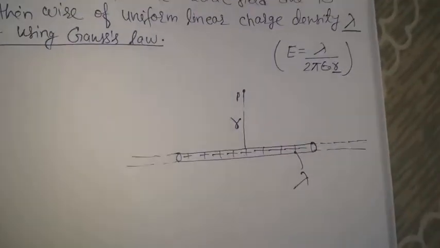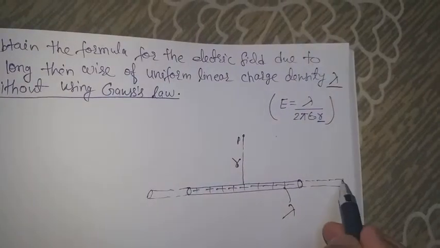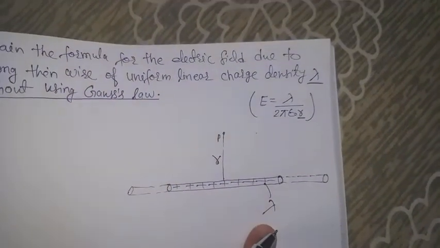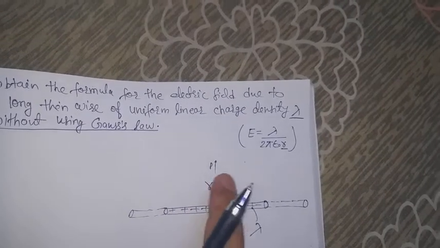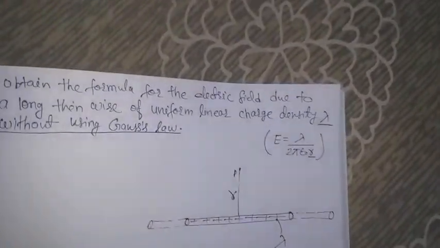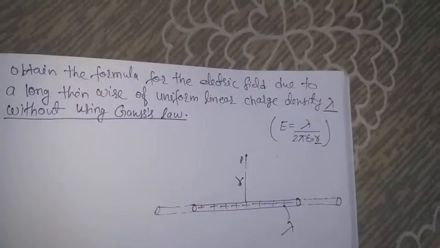There is an infinitely long wire which has a charge density lambda, and at a distance r from the wire, at point P, we want to find the electric field without using Gauss law.